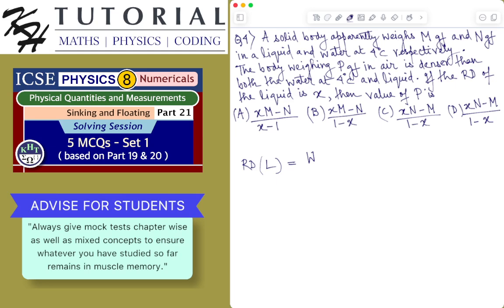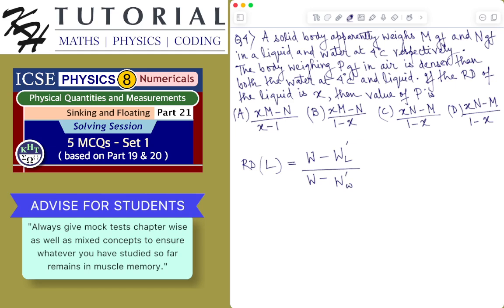If that body has a weight of W in air, that minus the same body's apparent weight in the liquid, let that be WL dash, divided by the weight of the body in air minus the apparent weight of the body in water at 4 degrees centigrade, let this be WW dash.